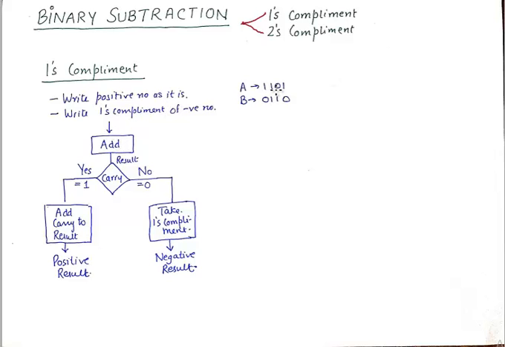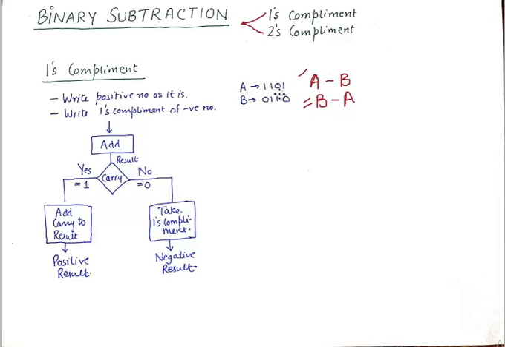So let's look at the two numbers here. Let's say we have a number A and a number B, and we can perform two different operations on them: A minus B and B minus A. This becomes our case 1 and this becomes our case 2.